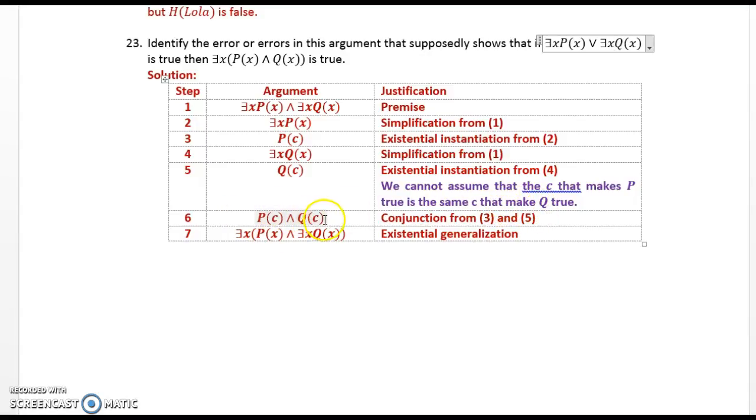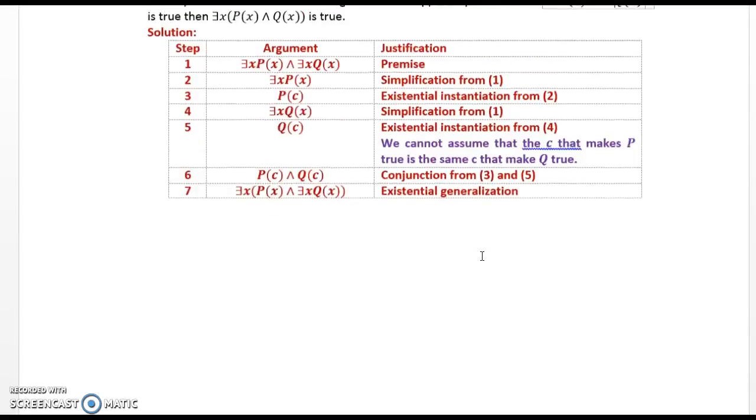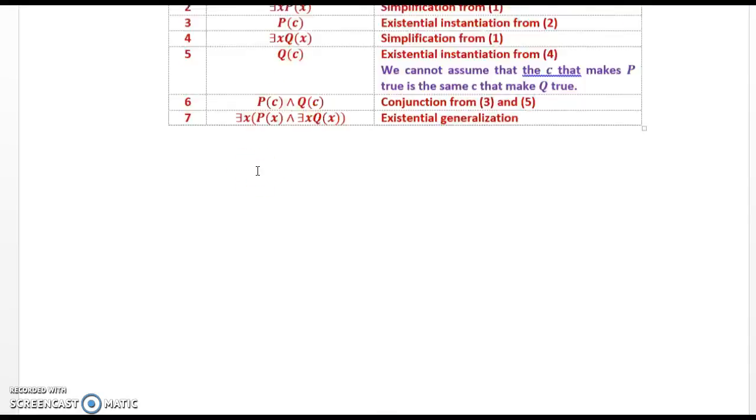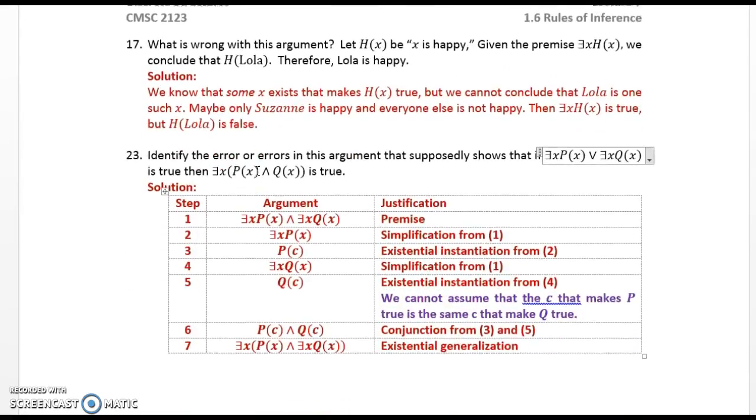P of c and Q of c, conjunction from 3 and 5. And finally, there exists x, P of x and Q of x, existential generalization. And that concludes our discussion of rules of inference.